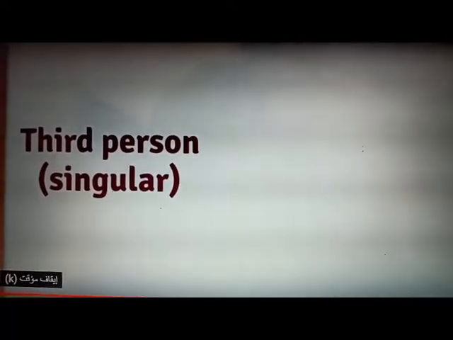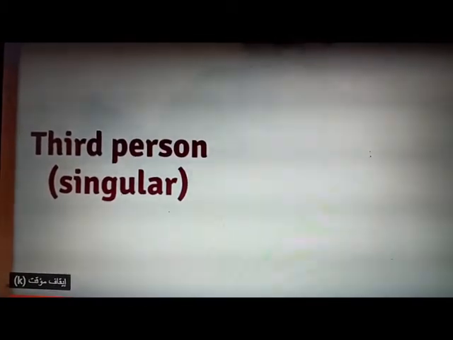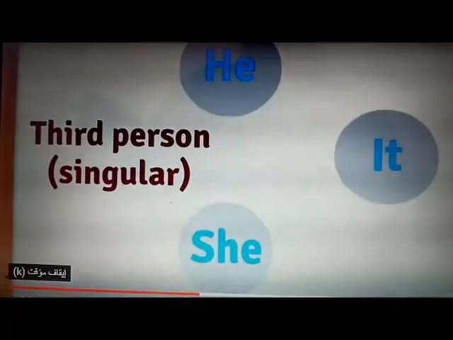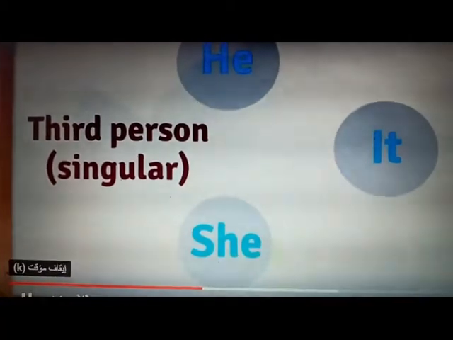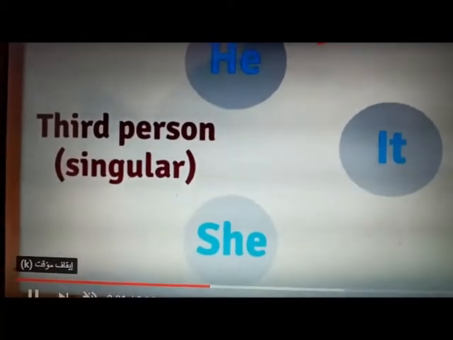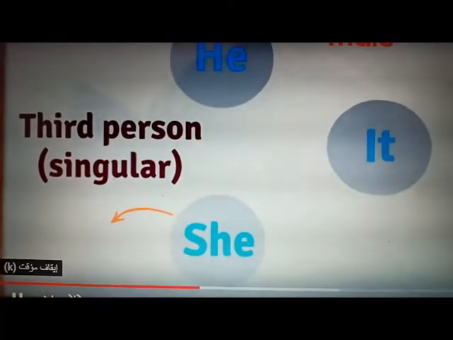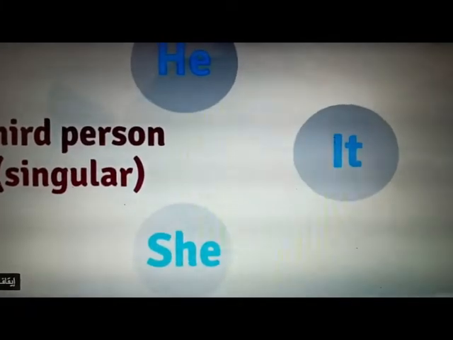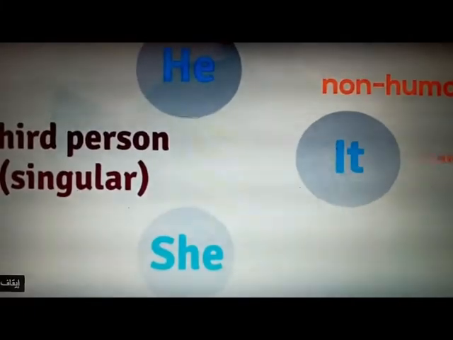The third person singular pronoun is what? He, she, it. We use he, as we said before, for male, she for female, and it for non-living things and animals or pets.